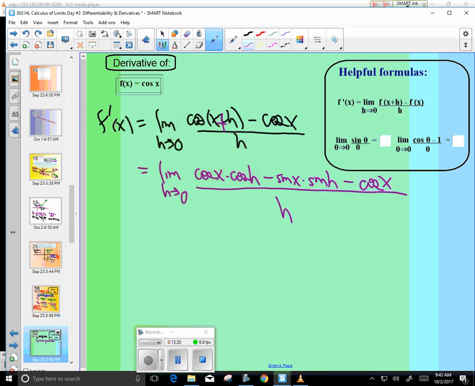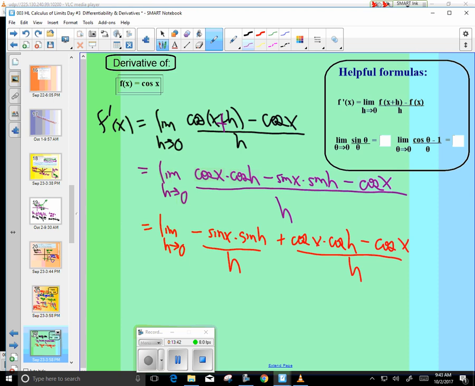I'm going to do this little helpful hint. I'm going to rearrange these, so I'm going to put this negative sine x sine h first, plus cosine x cosine h, cosine x last, and then I'm going to just split these into 2.